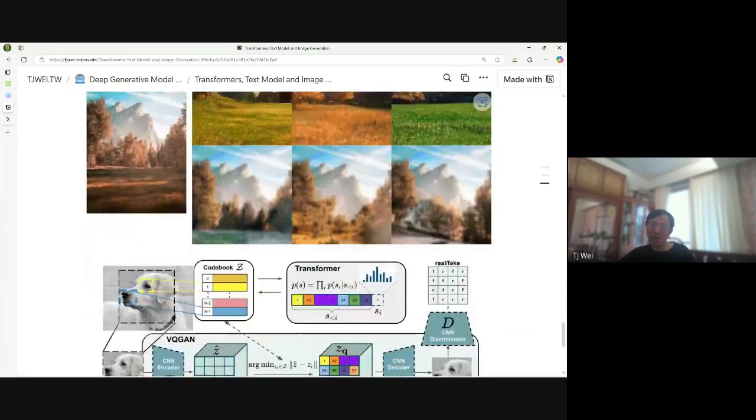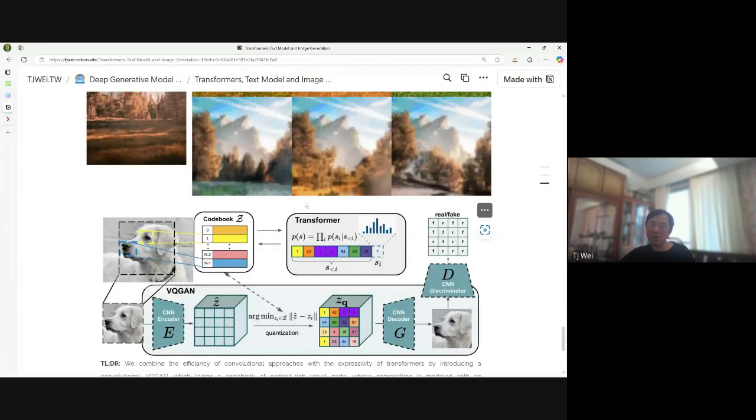This is the first generation of text to image generation, and back then there was already a community of artists, or amateur artists, or maybe professionals, I'm not sure, trying to explore the possibility of using VQGAN to generate images, like prompt engineering.